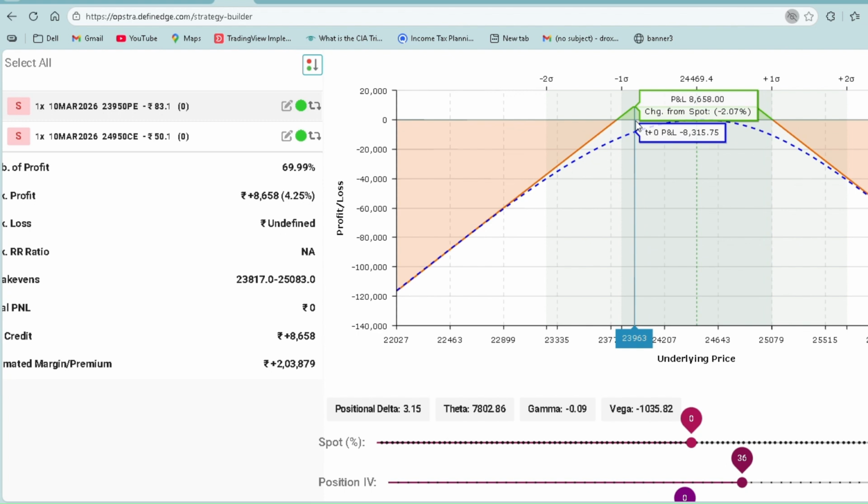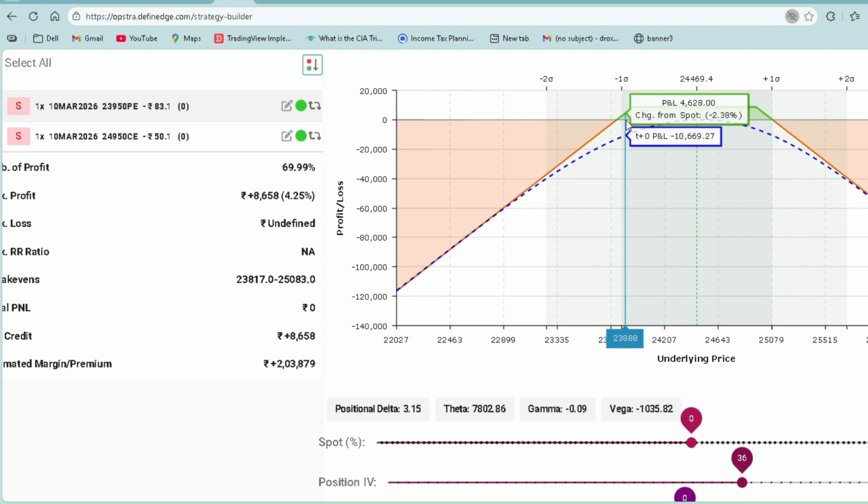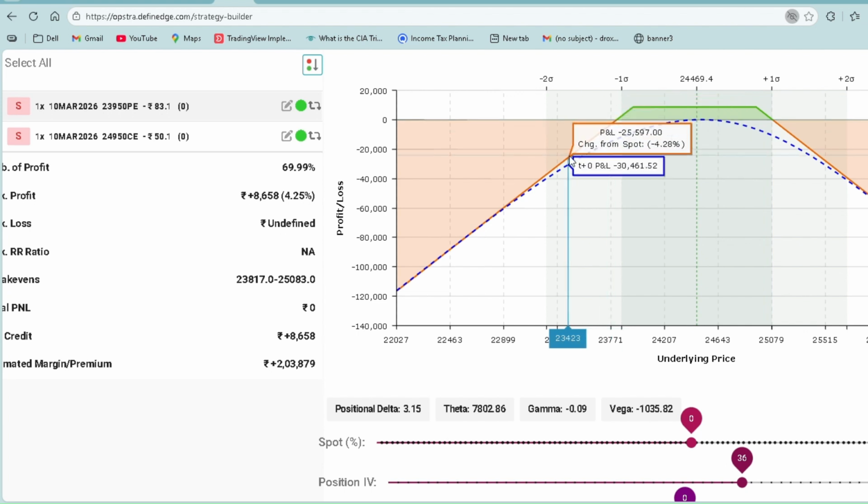If the market crosses this zone, that is the 23,950 PE, the profit of the trader will decrease, but as long as it stays above 23,817, a trader will make profit. The real loss will start when it crosses 22,815 on the lower side.